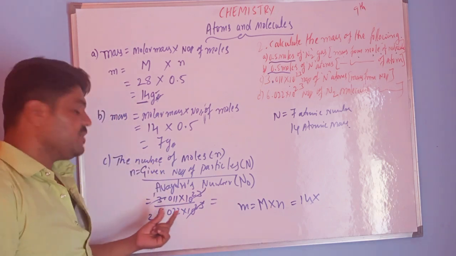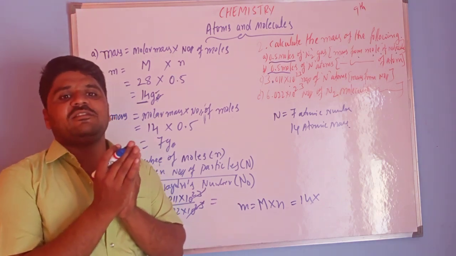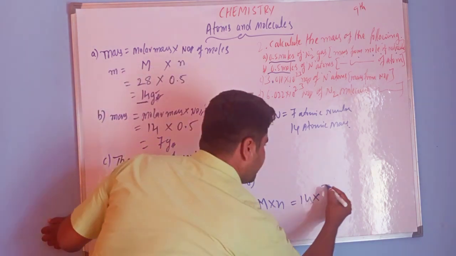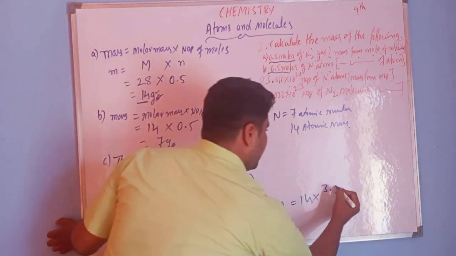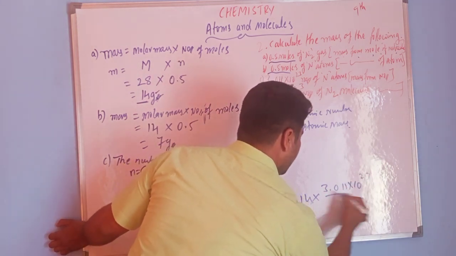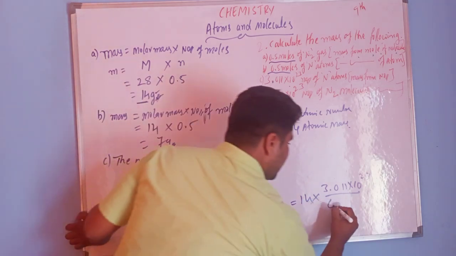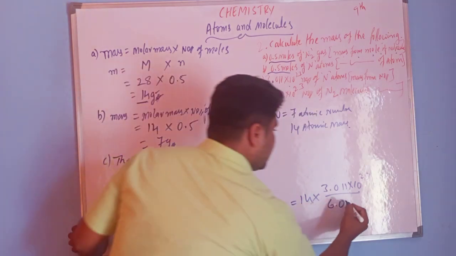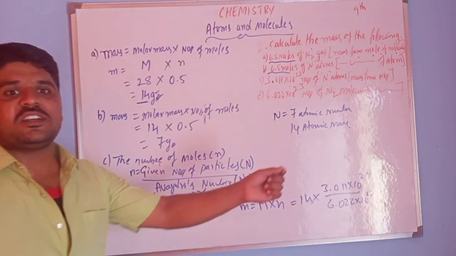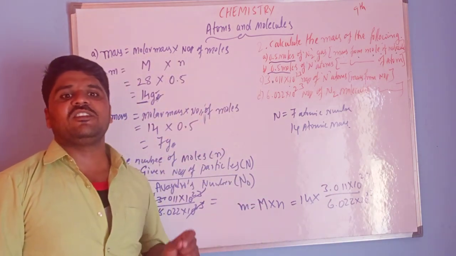So you write it the same: 3.011 into 10 to the power of 23 divided by 6.022 into 10 to the power of 23. What is the answer? Calculate.